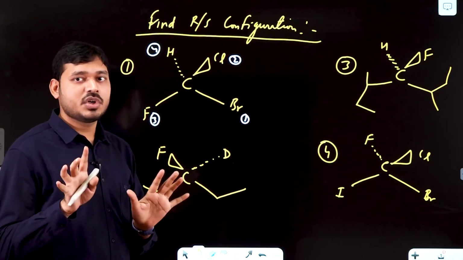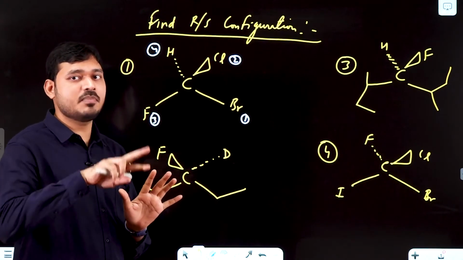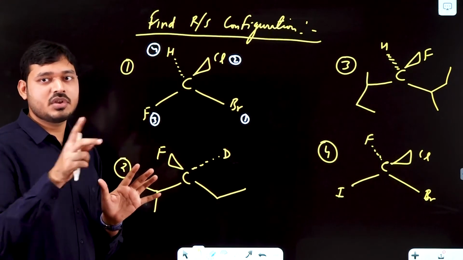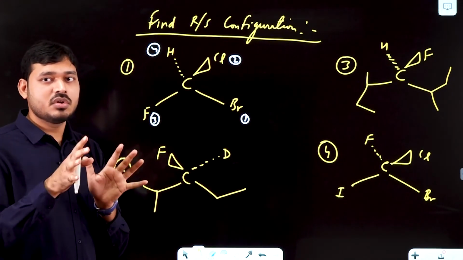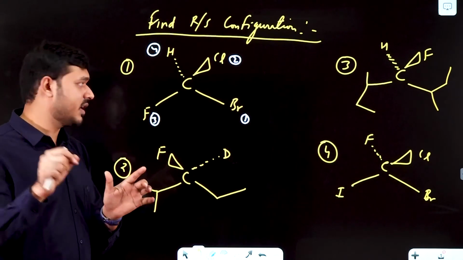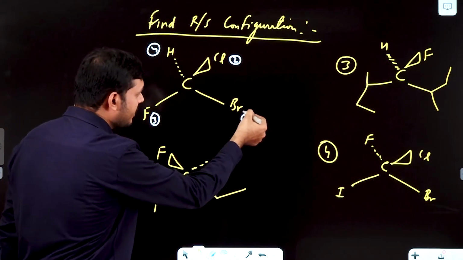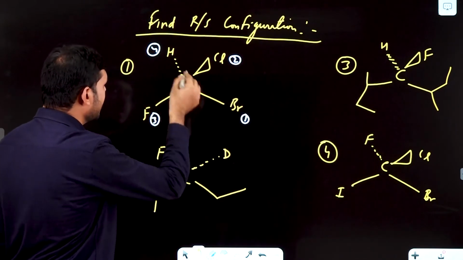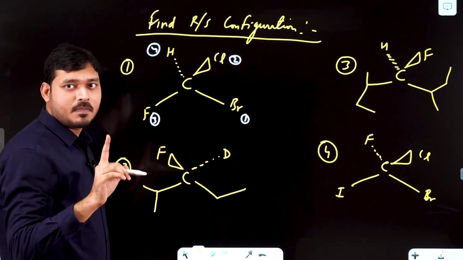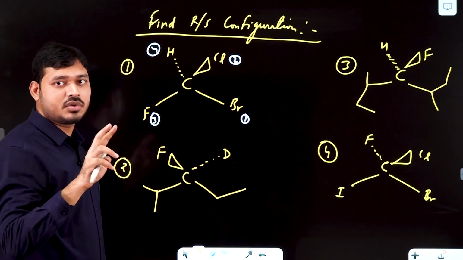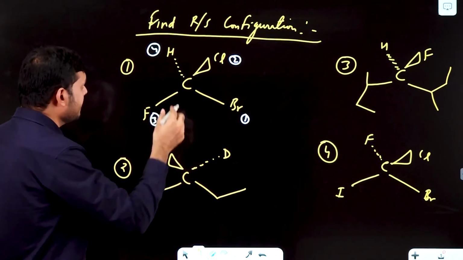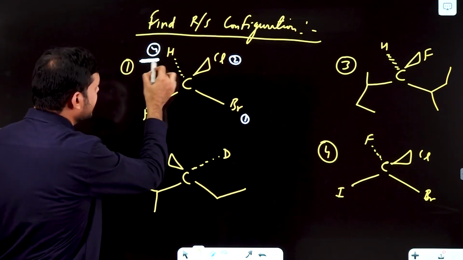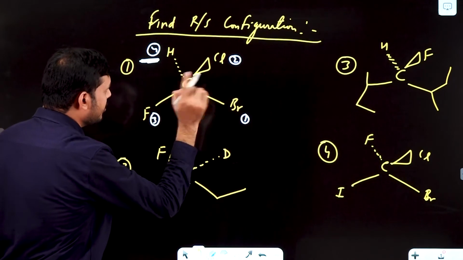To reach the number 3 position, you can cross the fourth position, or to reach number 2 position, you can cross the fourth position. So from the first, if you have to reach the second or third part, you can cross the fourth one. But never cross third to find second. Suppose this position is second. So you have two opportunities.